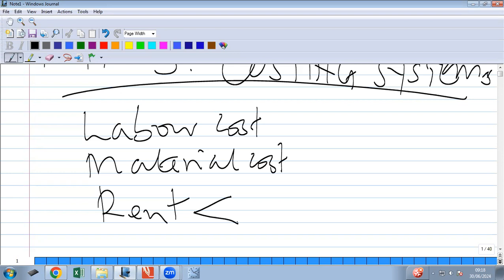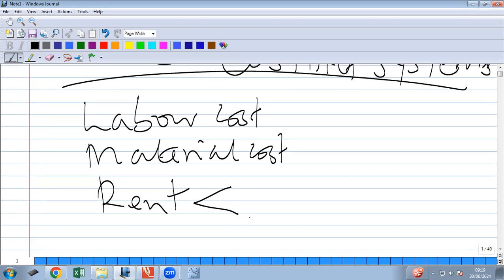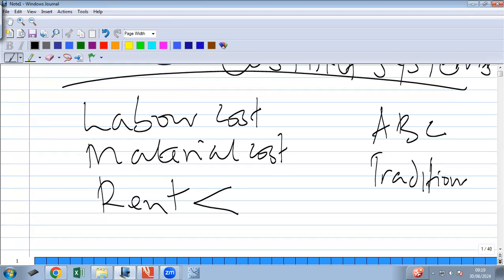Now, our challenge here is, today we are going to start with ABC, that is activity-based costing, and traditional costing. Other systems can come later because we have seen in the past the examiner has a lot of attachment to these two.